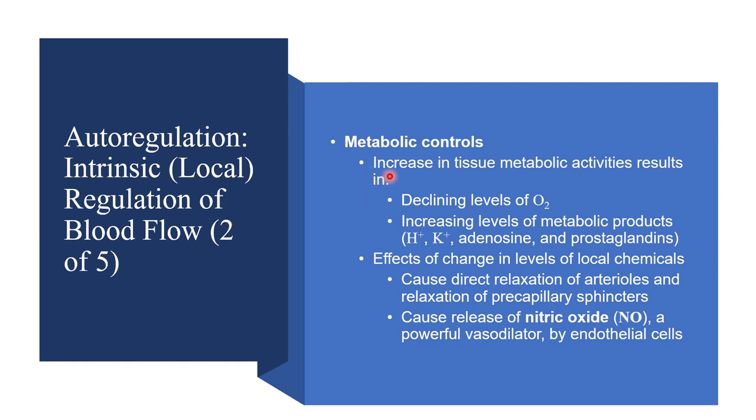In the metabolic control, an increase in tissue metabolic activity would result in declining levels of oxygen. Once you have a declining level of oxygen, there are also increasing levels of metabolic products such as hydrogen ion, potassium, adenosine, and prostaglandins.